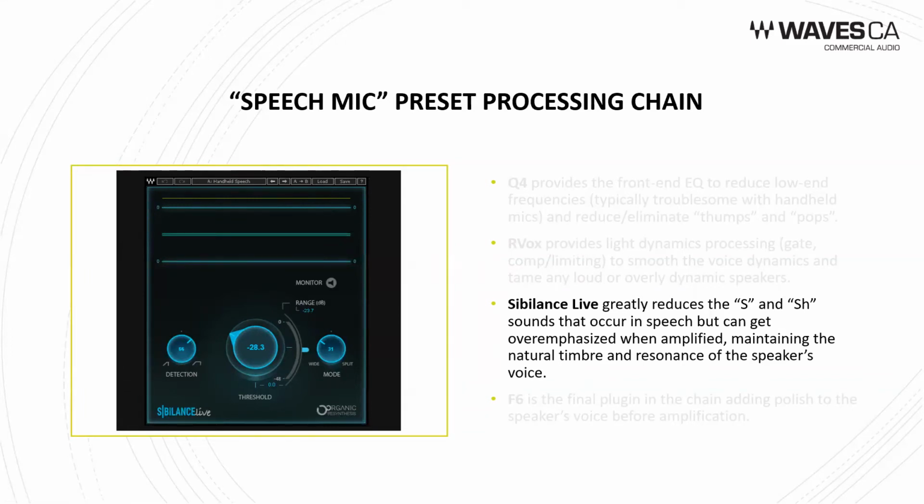It basically removes those sounds, and again, without any latency. So all of these plugins are being done effectively live as the speech mic or the speaker is speaking. So there's no delay getting the voice to the PA in the room.